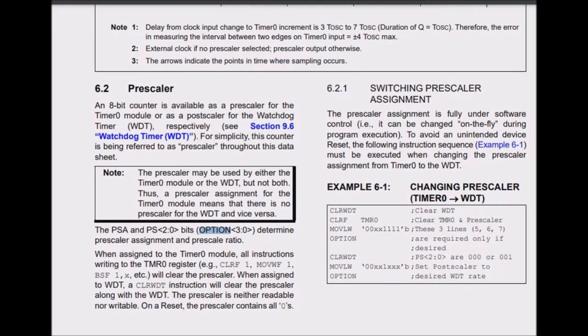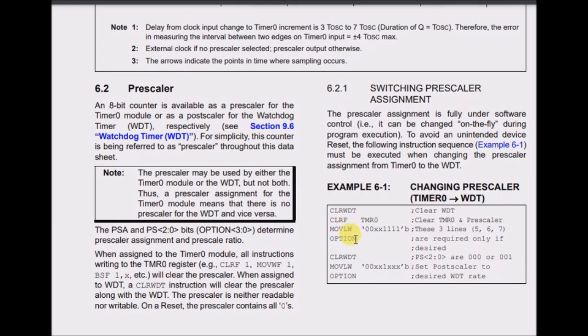Anyway, I'm looking for instances in the datasheet where it talks about the OPTION register, and particularly where it says you don't have to, I want to choose the right words, where you don't have to use the MOVWF opcode to move the working register into the OPTION register.